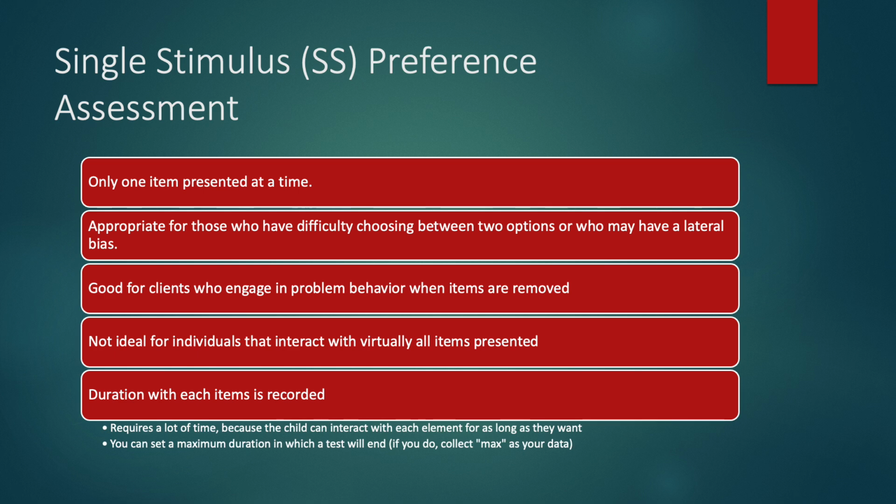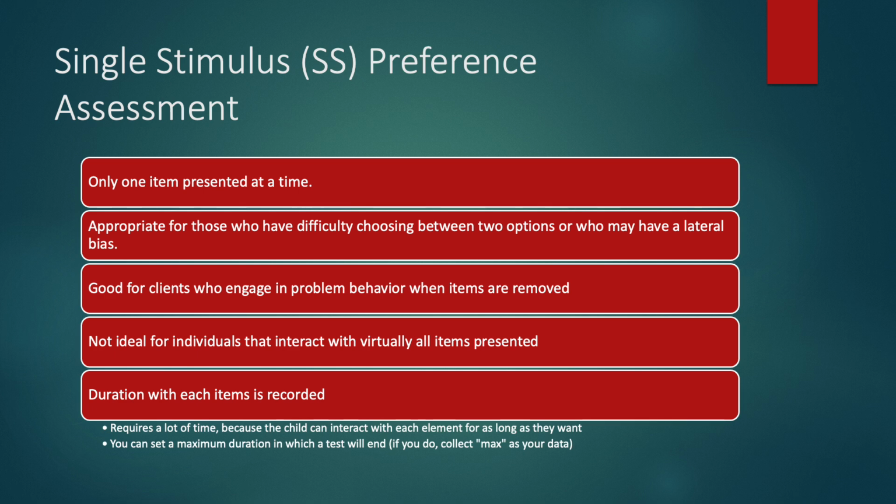What will happen is when you look at the results, you won't be able to create a hierarchy or get a sense for what is a preferred item, what is a moderately preferred item, or what is a low preference item. For that reason, you don't want to use this type of assessment for kids that are just going to engage with anything that you put in front of them.